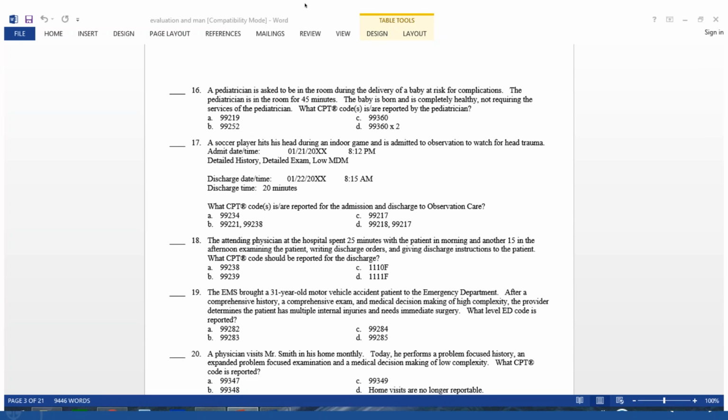So there's one for psychotherapy, and the 99354 that's on page 32 is more like psych services, right? Prolonged services. And then on page 33, where you have that 99358, 99359, those are without direct patient contact.